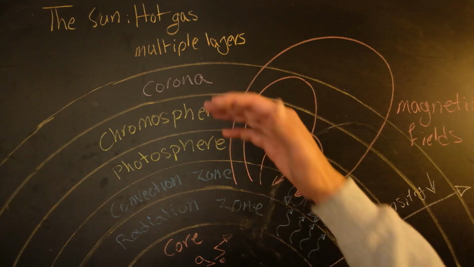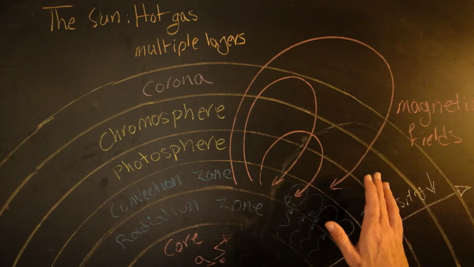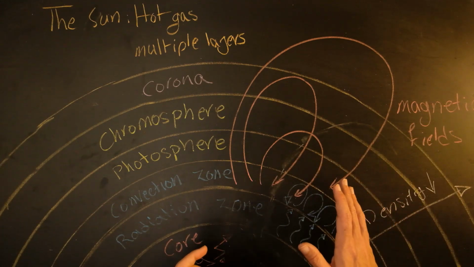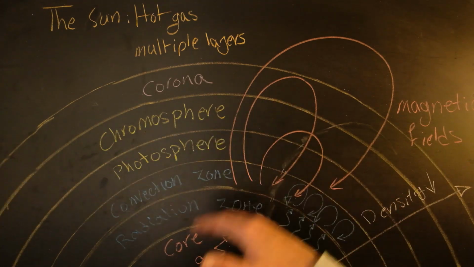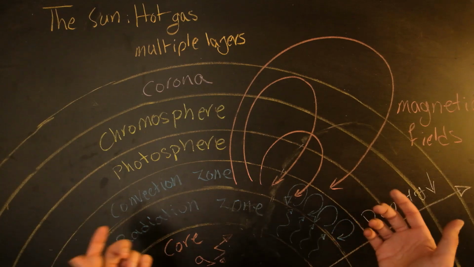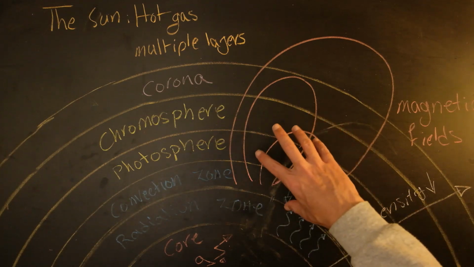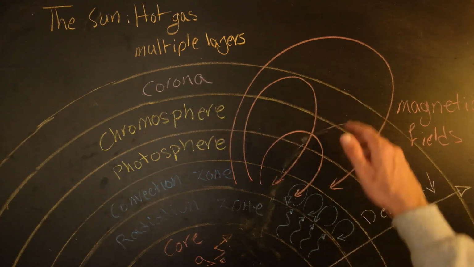In order to explain it, we need to add magnetic fields to this picture. So far, we have seen materials and different layers of the sun. But if we have an environment with a lot of charged particles moving around, we also have a very complicated magnetic field. So these magnetic fields are fields of force.